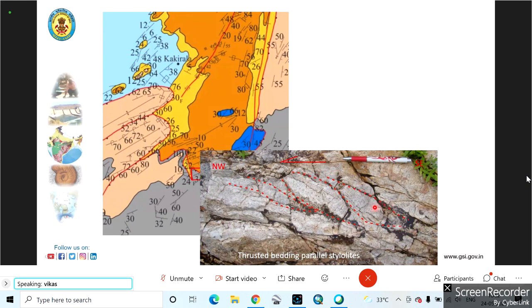Even though these quartzites are very uniform and compact, with no other intercalations, when pure sandstones are metamorphosed to quartzites, it becomes very difficult to differentiate between different layers. Even finding a bedding plane becomes very difficult.